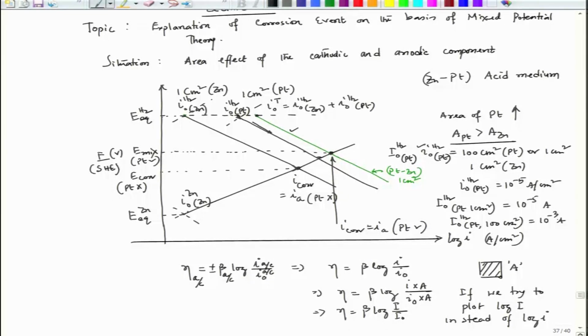So, then I could see that this particular point, if this plot becomes capital I instead of small I, shifts to the right. And interestingly, that will explain the rapid corrosion of the active component when we connect an active metal with a noble metal, and the noble metal area is higher than the active component.